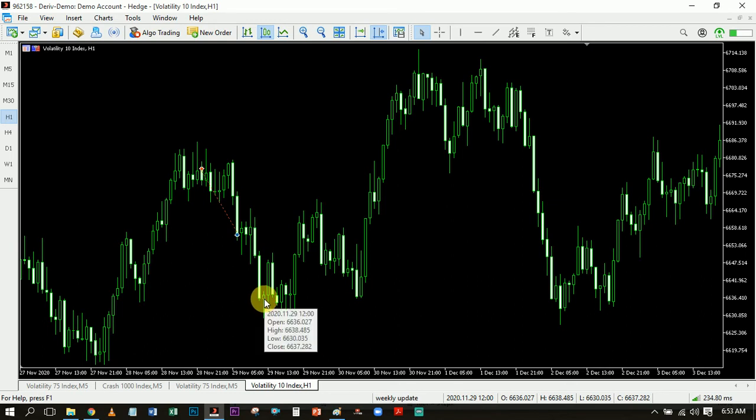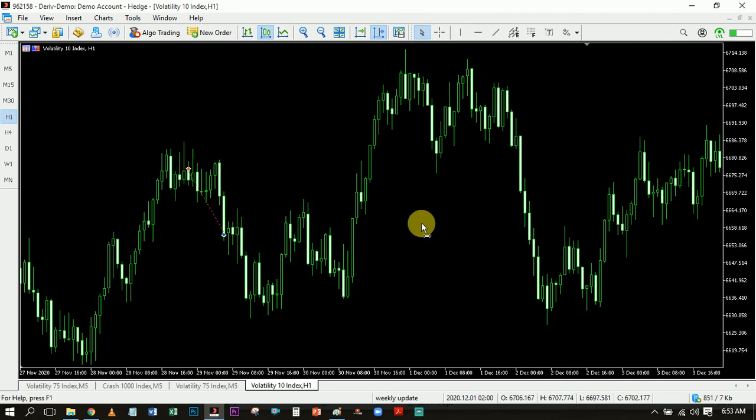So you can see we have sellers here, we have buyers here. The buyers pushed it to where the sellers were, and even pushed it a little bit higher, above where the sellers sat. So automatically this tells you that the trend is going to push up. No doubt it's going to be a push up.